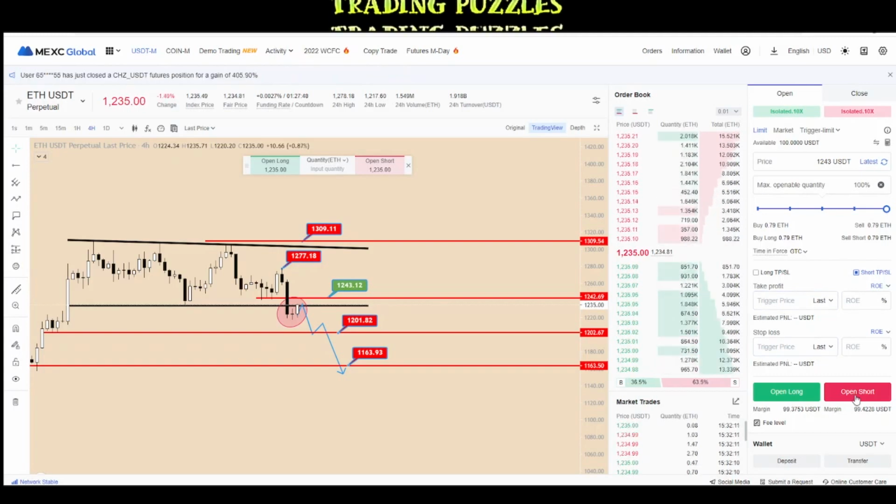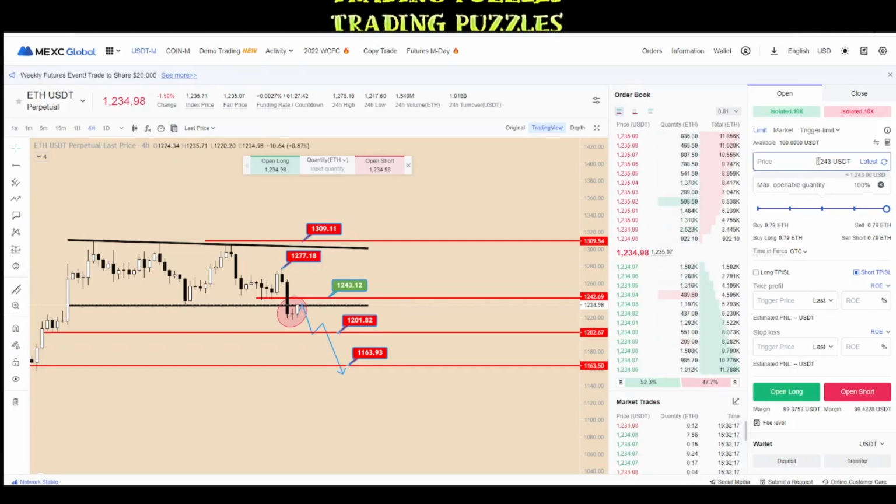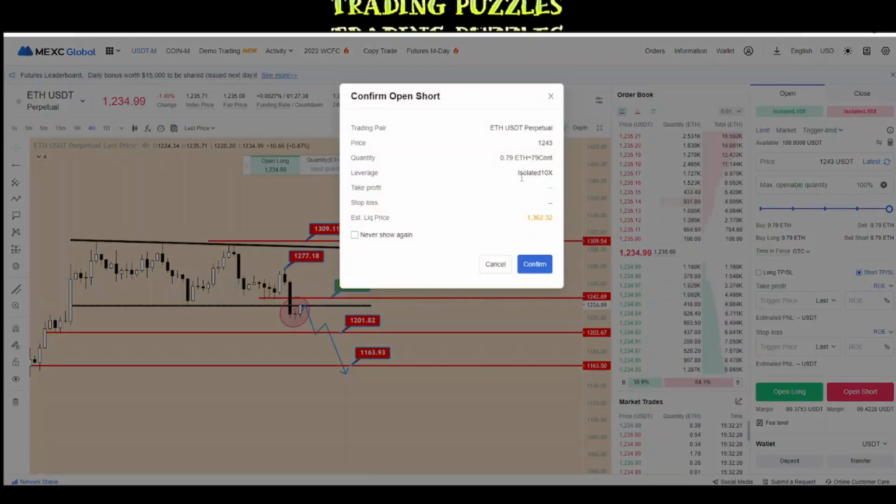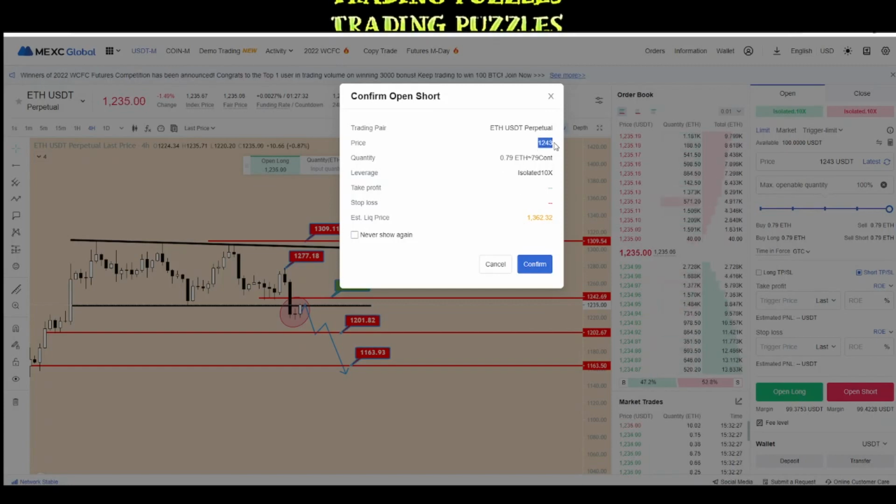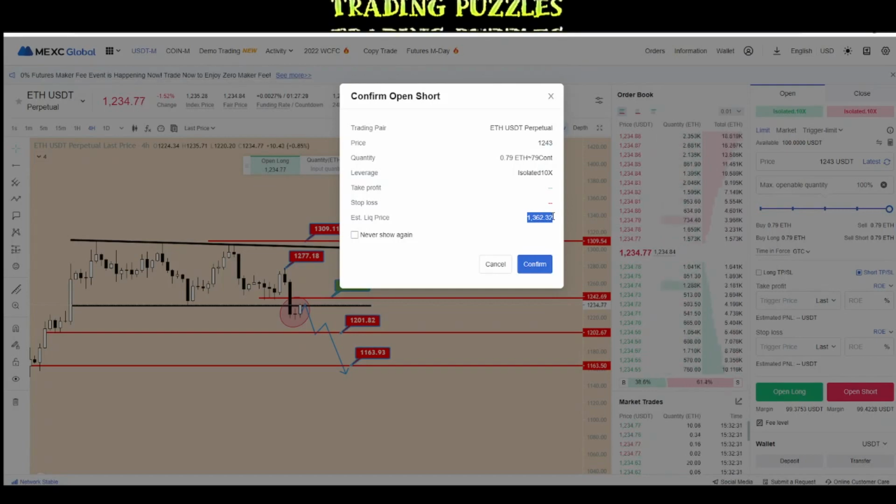If I'm going to press directly sell now after placing 100% the amount and also the selling price, you will see a new window. This window is going to show the price of liquidation. Here we have our entry price, and even if I'm not going to use any stop loss, the estimated liquidation price is 1,362.